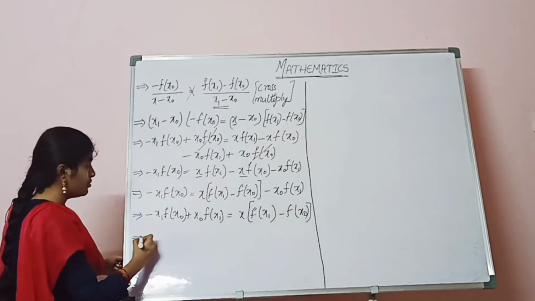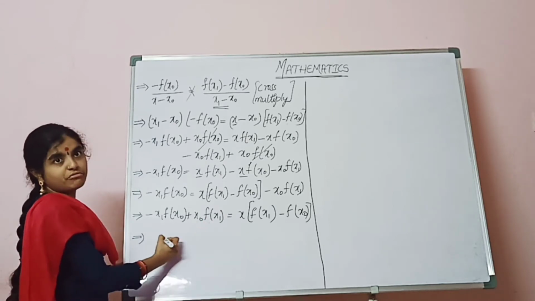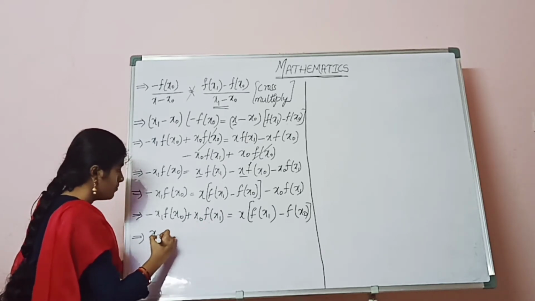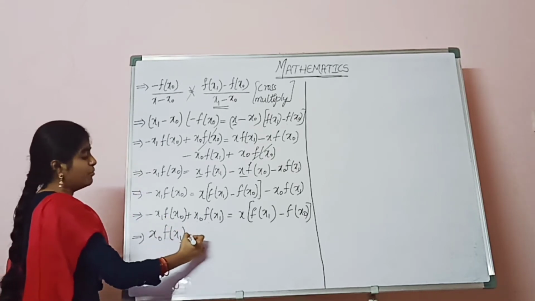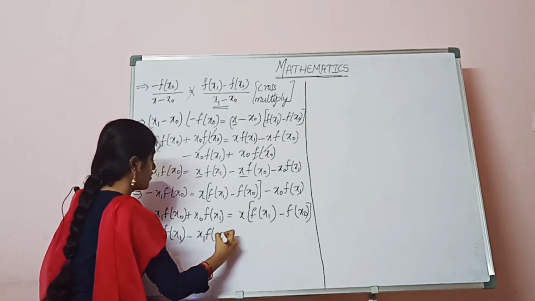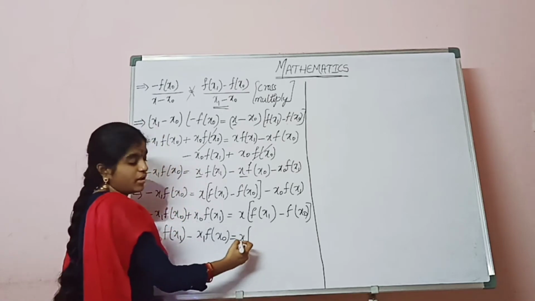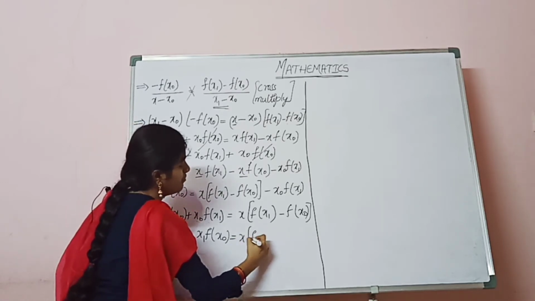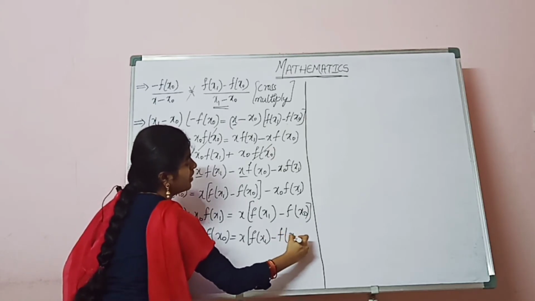First we have to take the positive value here: x naught into f of x1, next the negative value, minus x1 into f of x naught, equals the same as it is, x into f of x1 minus f of x naught.